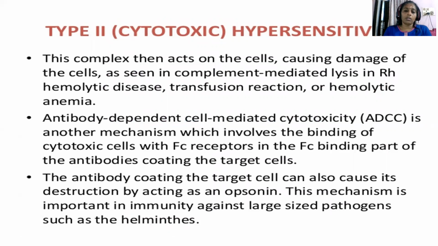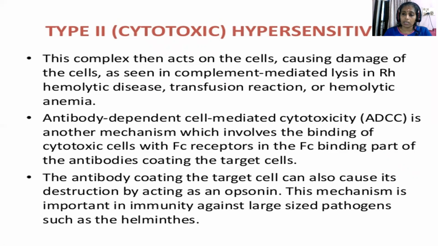So type 2 acts on cells causing damage to cells, and along with the action of complement results in hemolytic disease of transfusion reaction or hemolytic anemia. This is a wrong blood transfusion. Suppose an A group person wrongly receives blood from a B group individual. That results in a blood transfusion reaction.